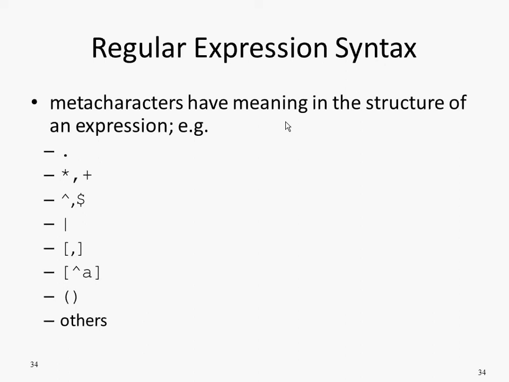So maybe I have cat or dog, and then after that I have some sequence of characters which is not comma or colon, and there has to be one or more of those, and then I have foo or bar.